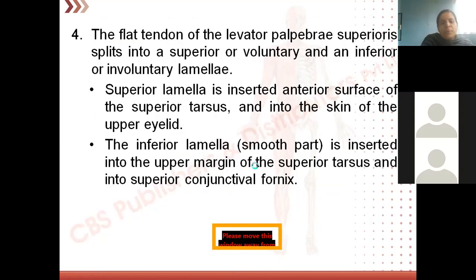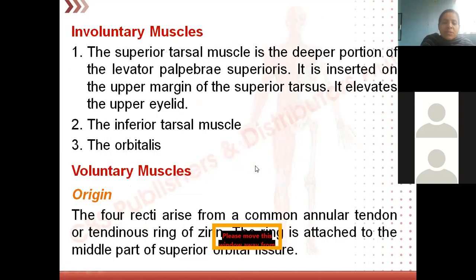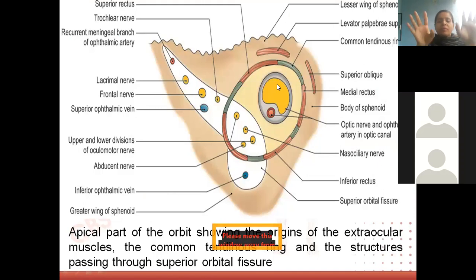But I will repeat, maybe you have a little confusion. First, we have four recti: superior rectus, inferior rectus, medial rectus, lateral rectus, then superior oblique, inferior oblique, and levator palpebrae superioris. That is the list. When you talk about these muscles, the origin is the common tendinous ring of Zinn for the four recti, very easy.